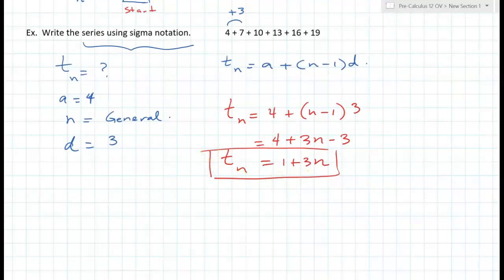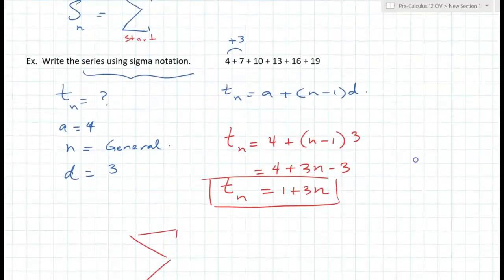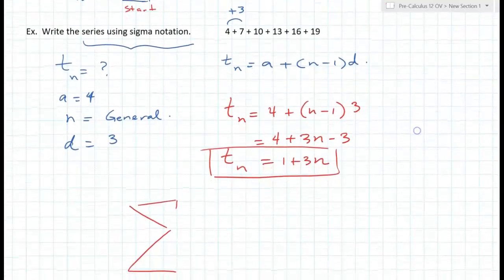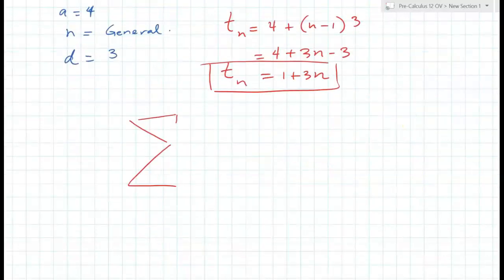Now we are going to go ahead and use the sigma notation. So here is the sigma notation for this sum, and we are going to include the term number. How many terms do we have? 1, 2, 3, 4, 5, 6. So that means n has to go from 1 to 6, and then Tn goes here, which is 1 plus 3n.